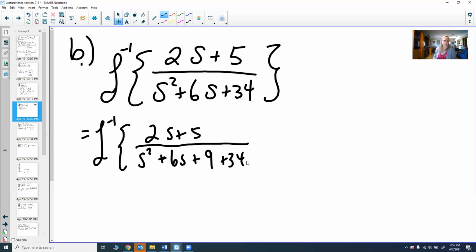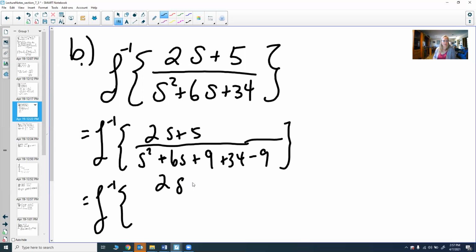But now I've just changed the problem, so I need to subtract 9, so I don't actually change the problem in any way. So I get 2s plus 5 over s squared plus 6s plus 9, which is now a perfect square that factors as s plus 3 quantity squared. 34 minus 9, of course, is 25.